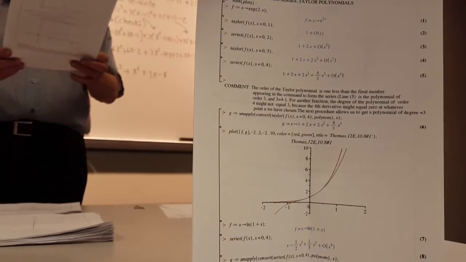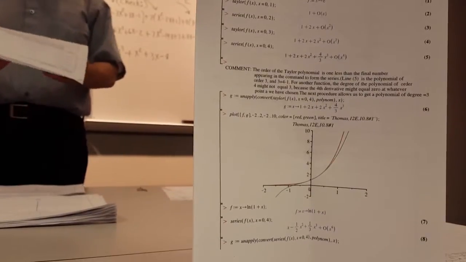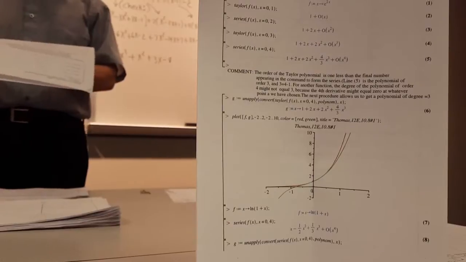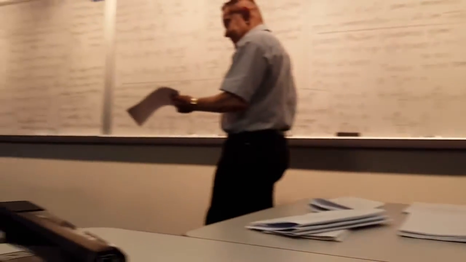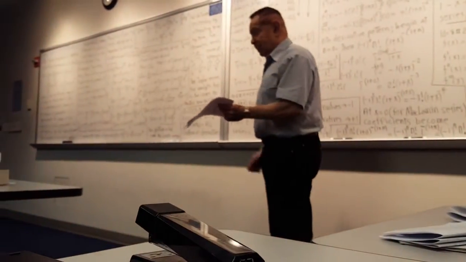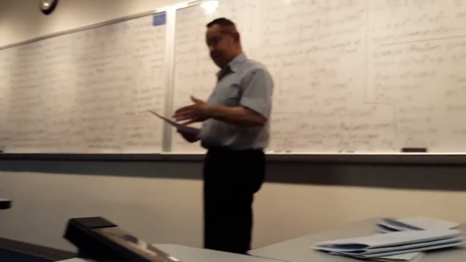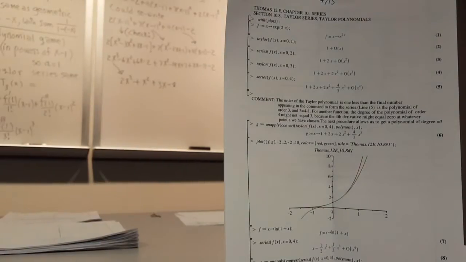So then look at line 7. My f is the log of 1 plus x, and then I ask for the series in powers of x, and you see if I say 4, that means that the thing's going to be cubic, and then a fourth order error term.